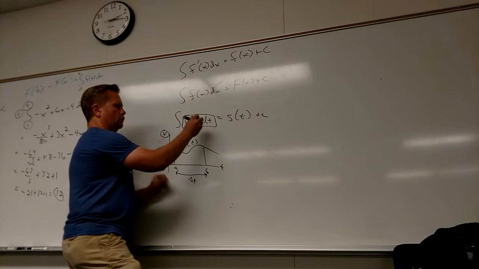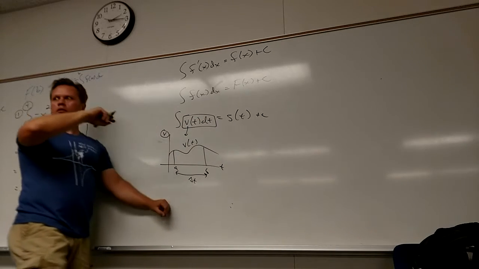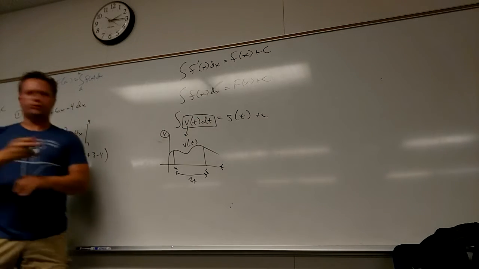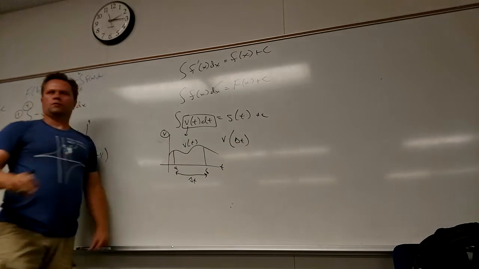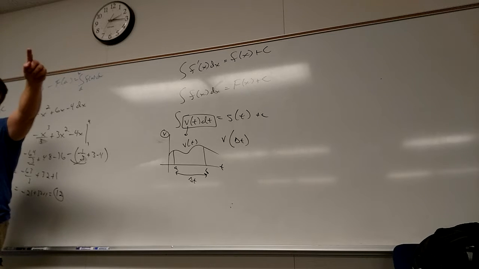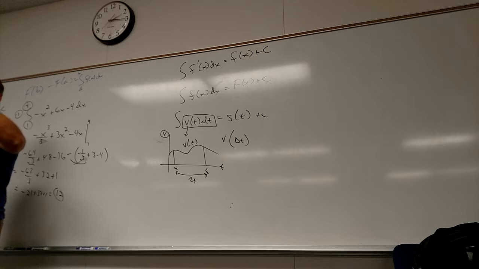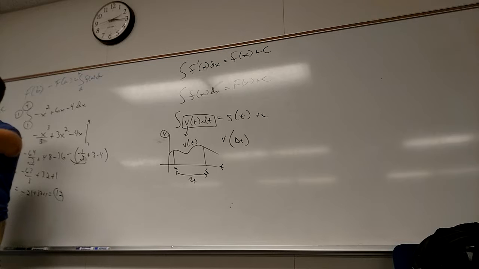So what do I get when I multiply velocity times change in time? If you're going 80 miles an hour and you let 2 hours go by, how much is your position changed? 160 miles.